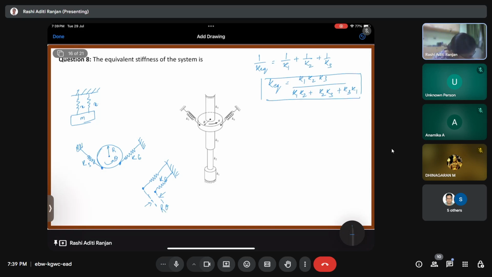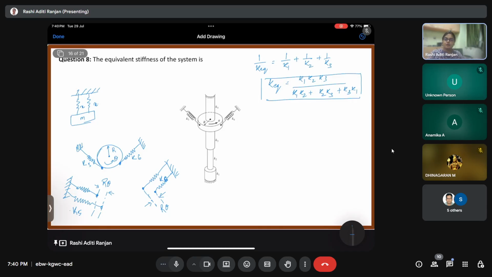Similarly, for K5, which is initially like this, it will get elongated from here to here. And how much is this amount? r theta. So for K6 there is compression, and for K5 there is extension. So if we talk about the energy which is stored, I can write it in terms of theta, right?